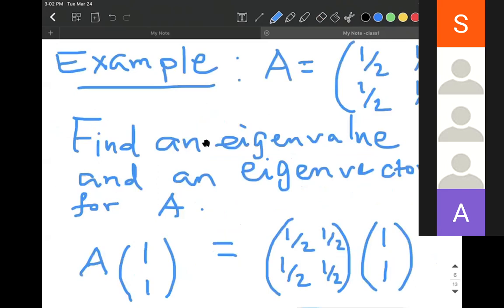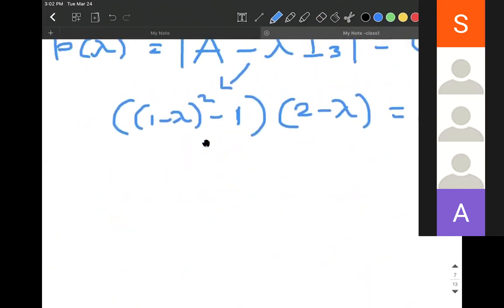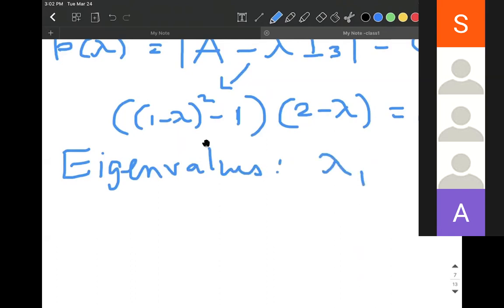Okay, so it means that the eigenvalues are given by the following. The eigenvalues are lambda 1 equals 2, of course, from this particular root.